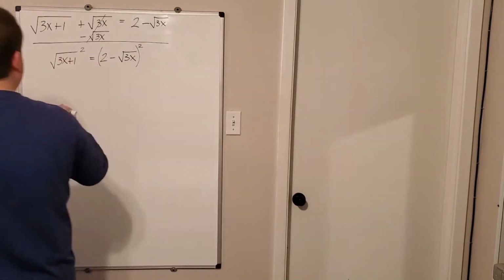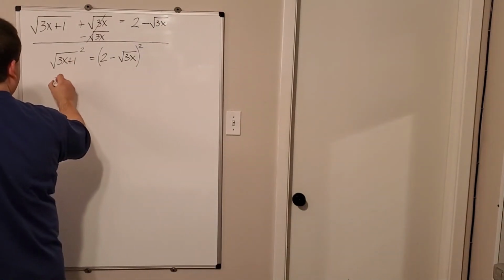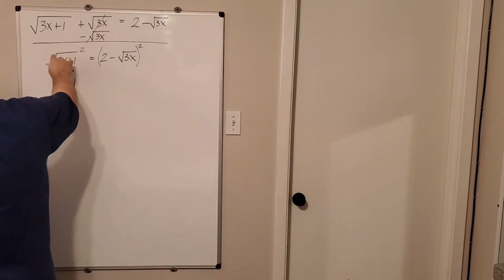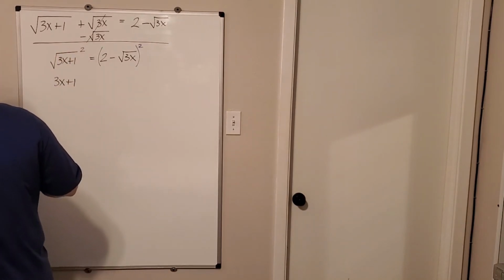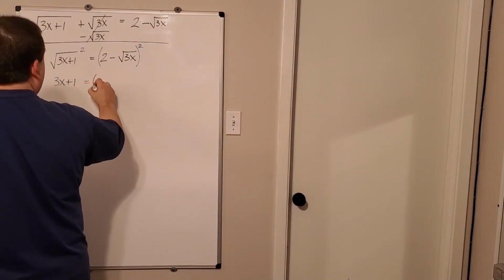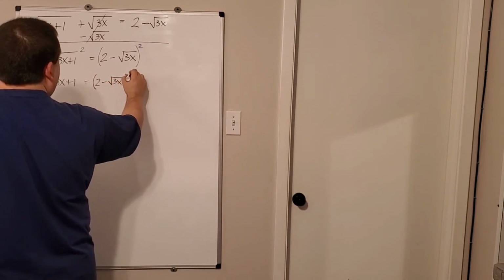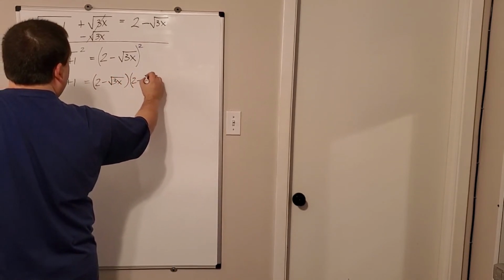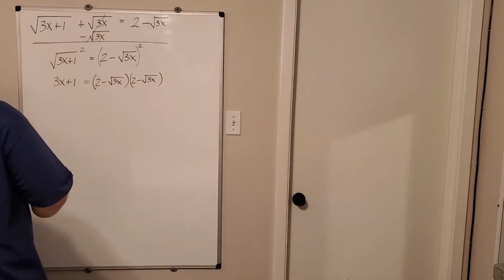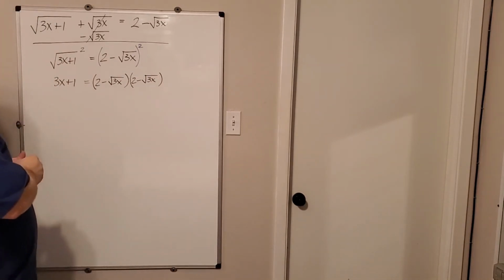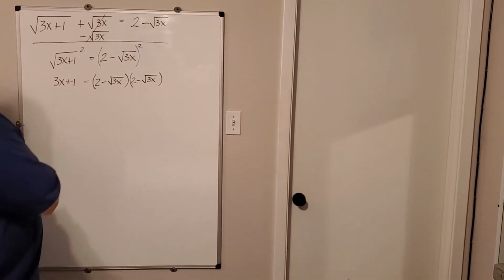So my left-hand side is still 3x plus 1 now because of the nice little opposites that we have there. And on this side, I'm multiplying out 2 minus square root of 3x times 2 minus square root of 3x. All right, so let's do that multiplication.